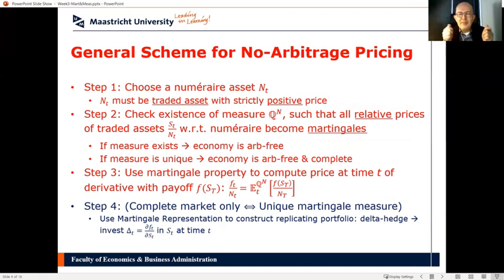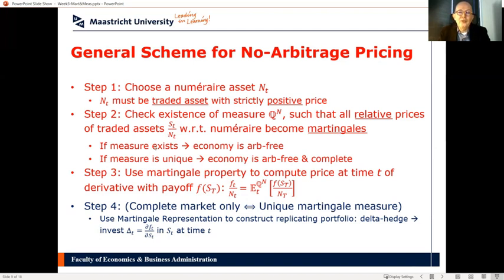This is kind of a new element, or let's say, in the classical Black-Scholes theory, people talk about the risk-neutral measure, and I don't like that terminology, because there is a deeper connection where you say, first choose the numeraire, and then you divide all the prices of all the other traded assets in the economy by this numeraire, and then you check whether in your model of the economy, all the relative prices of all the other traded assets divided by the numeraire become martingales.